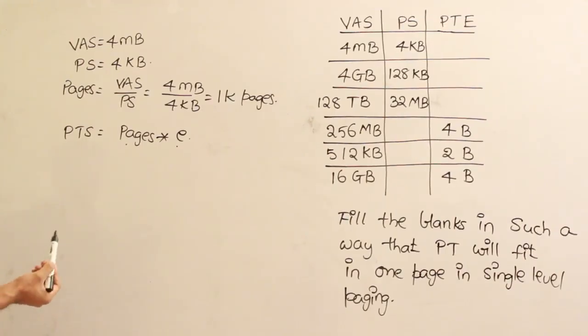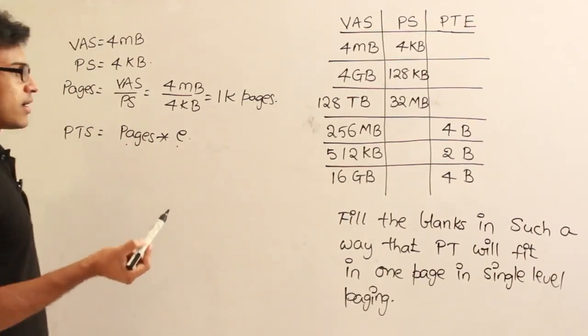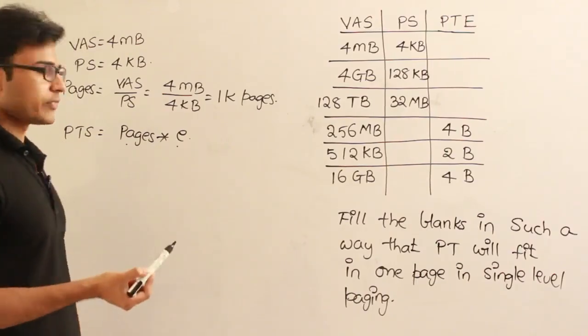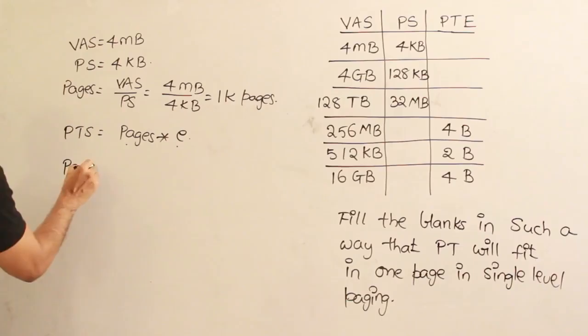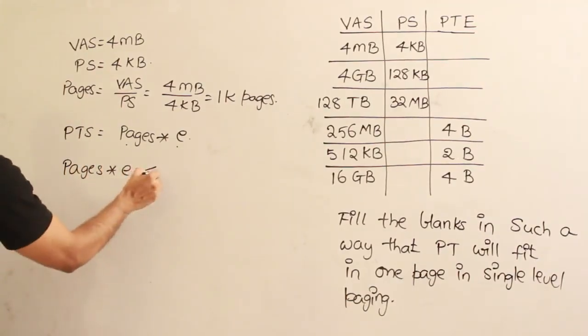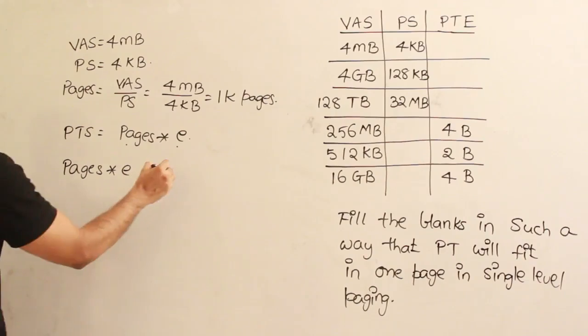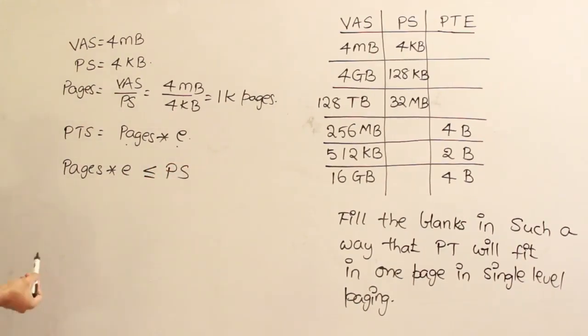We don't know that yet, but they are saying that the page table should fit in one page. Therefore, number of pages into entry size should be less than or equal to page size. Why? If this has to fit in one page, this should happen, right?